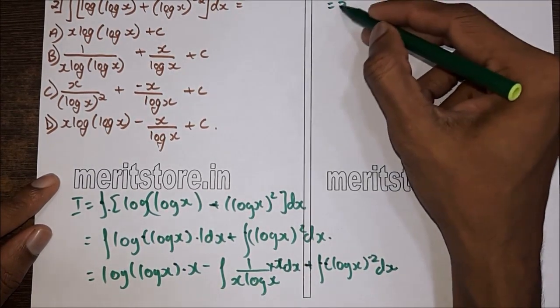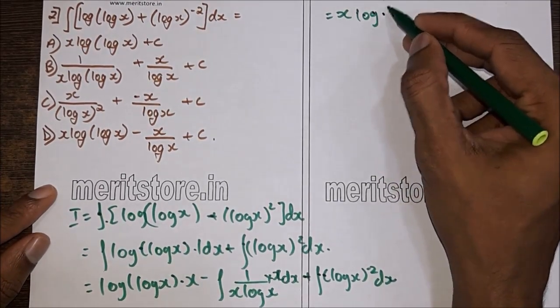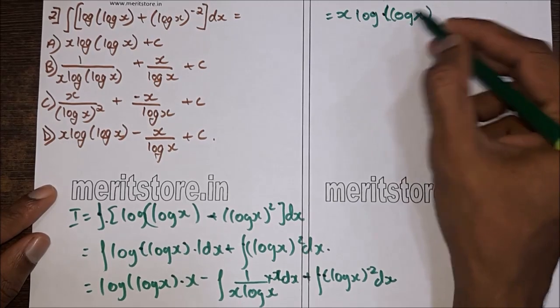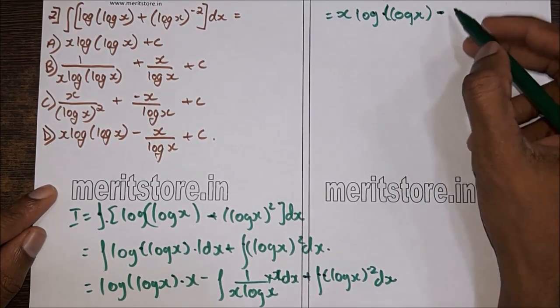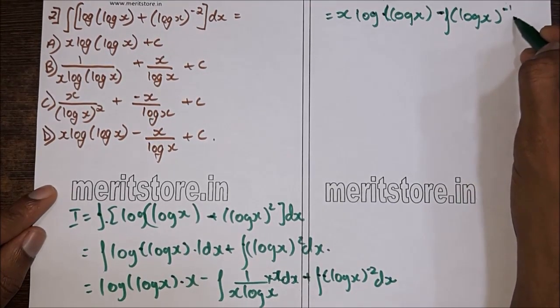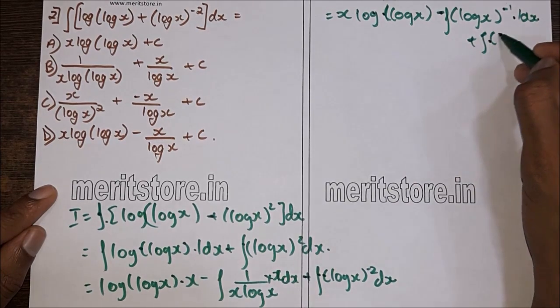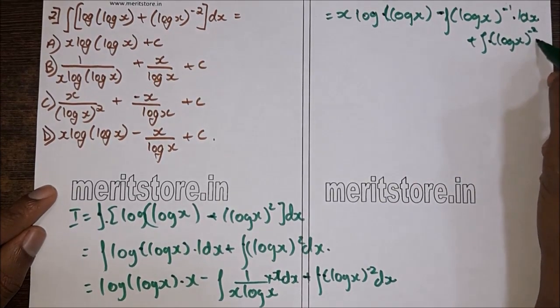Further simplifying, we get x log log x minus integral log x raised to minus 1 into 1 dx plus integral log x raised to minus 2 dx.